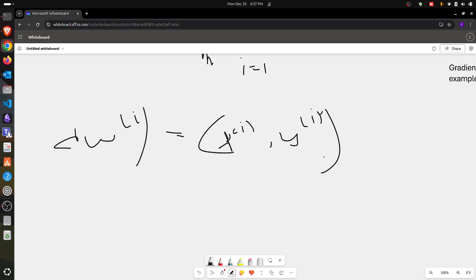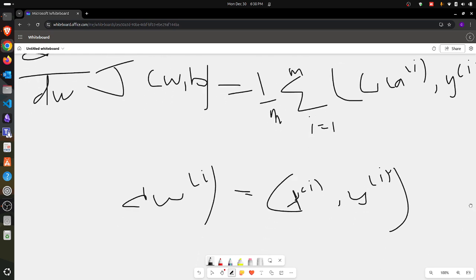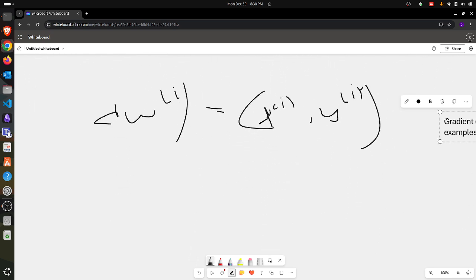So let's wrap the whole thing in a concrete algorithm so we can get logistic regression and gradient descent working. We have this formula, and in this formula we are going to assume J equals 0.